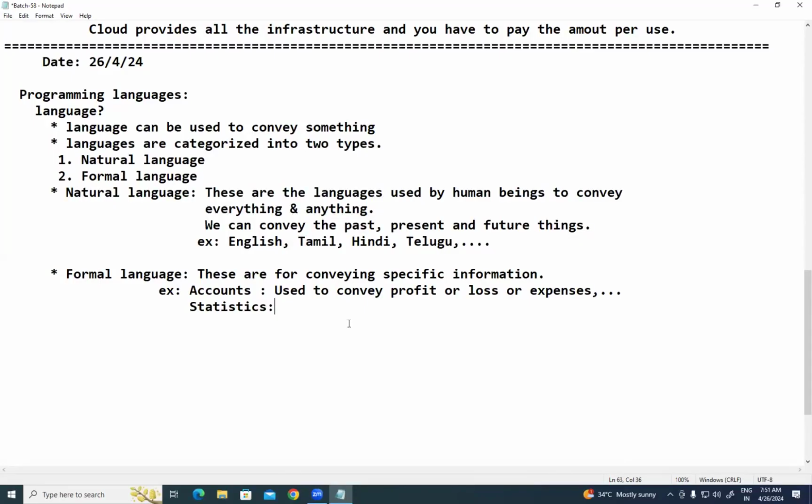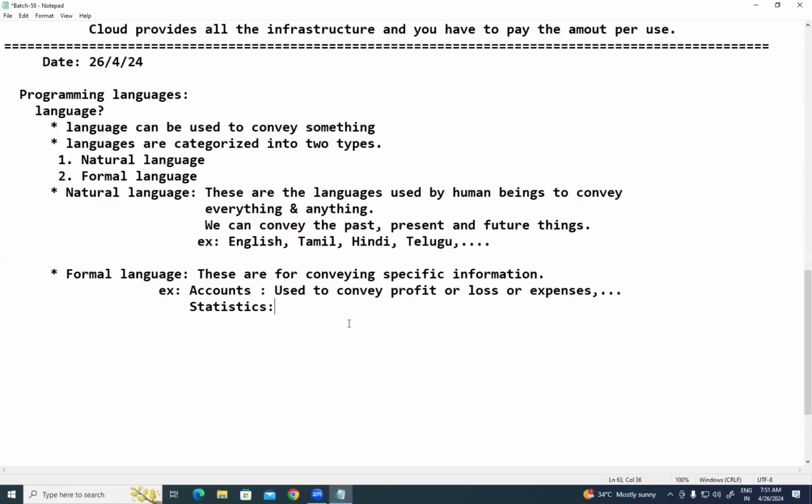Let's say from 2022 to 2023, how much percentage of manpower has increased, or how much percentage of people has increased in India?